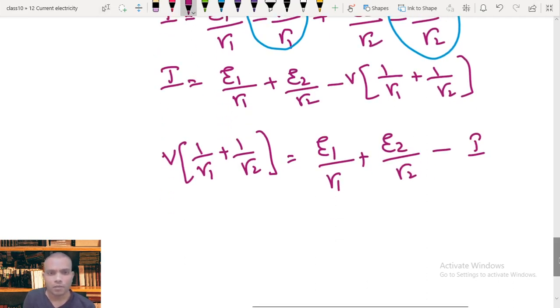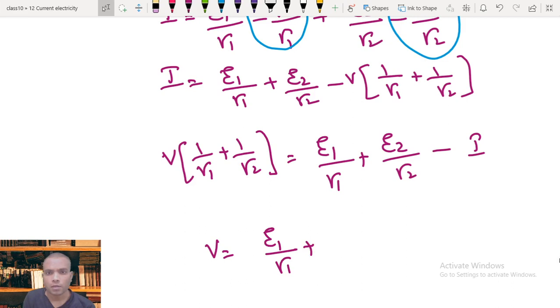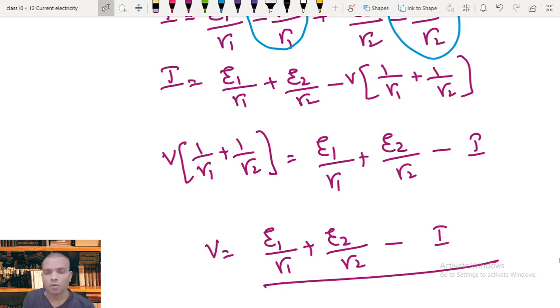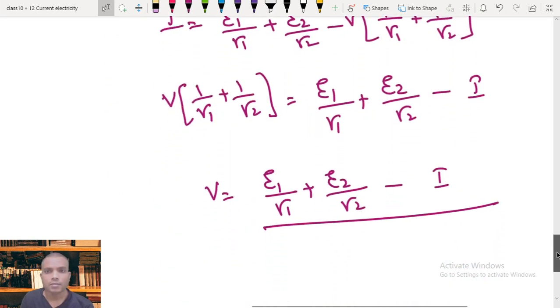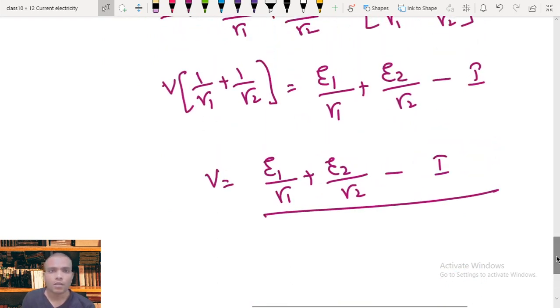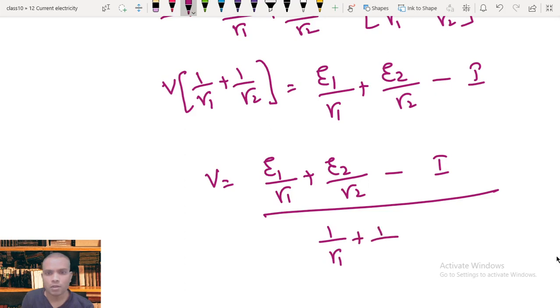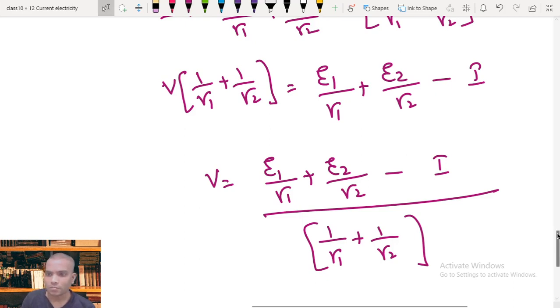If we further simplify, V equals E1 upon R1 plus E2 upon R2 minus I, upon the denominator term, which is 1 over R1 plus 1 over R2. Now we do the simplification and write the final expression.